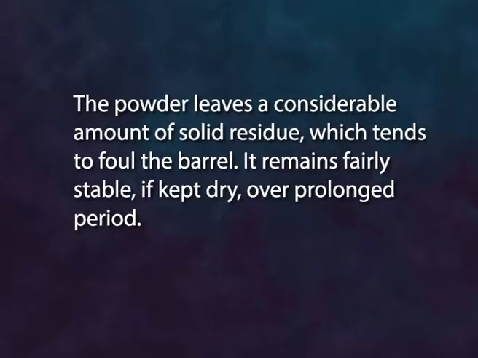75:15:10. The powder is not suitable for high velocity ammunition as large amounts of powder are required for getting high velocities for the projectiles. The powder leaves a considerable amount of solid residue which tends to foul the barrel. It remains fairly stable if kept dry over prolonged periods.